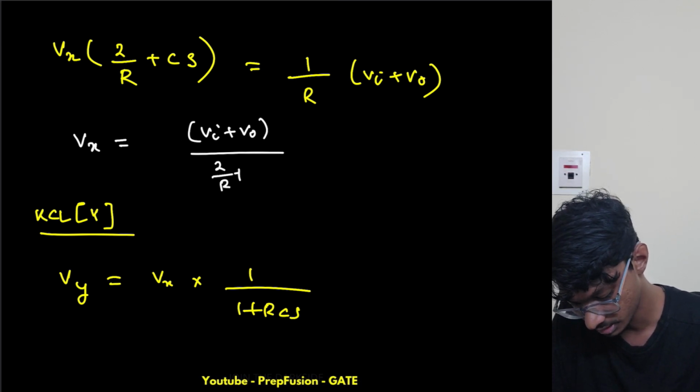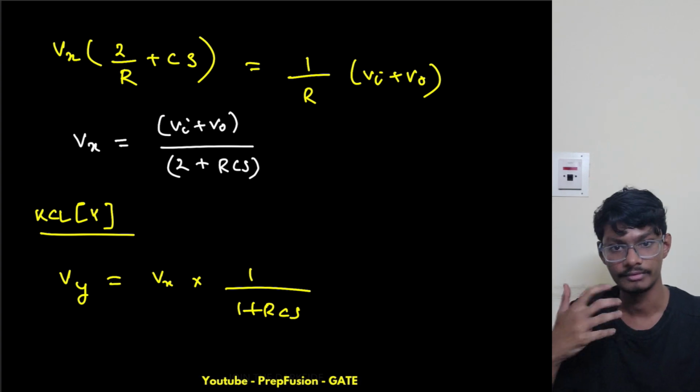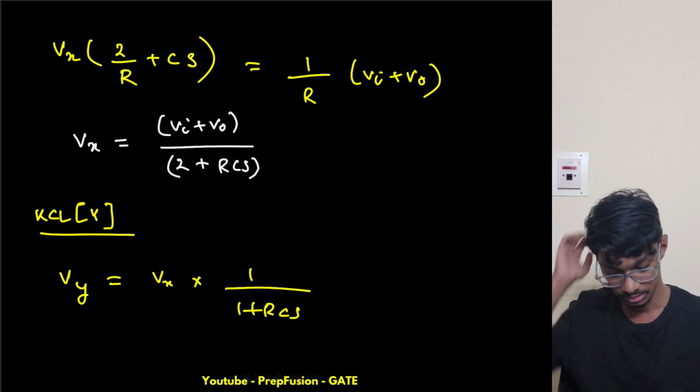So I will multiply this in the bottom. So Vi plus Vo divided by 2 plus RCs, right? Vi plus Vo divided by 2 RCs. So yeah, this is what we get.